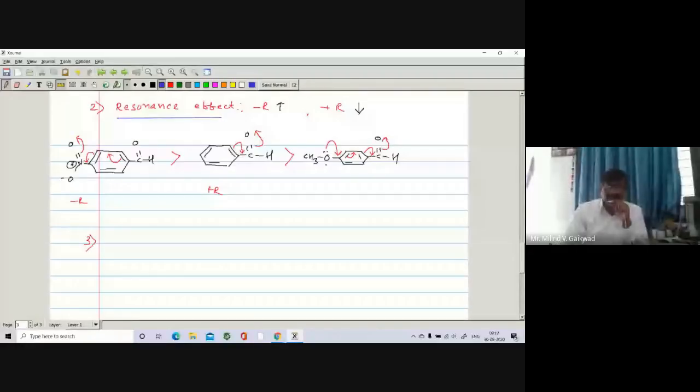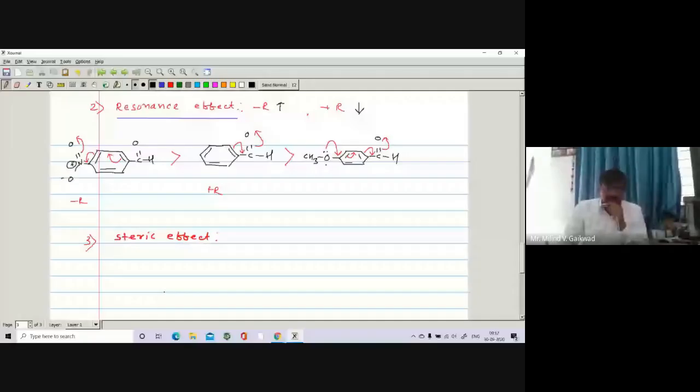Let us see the next effect, that is the steric effect. How does it affect the reactivity of the carbonyl group? Now here also we'll take an example.